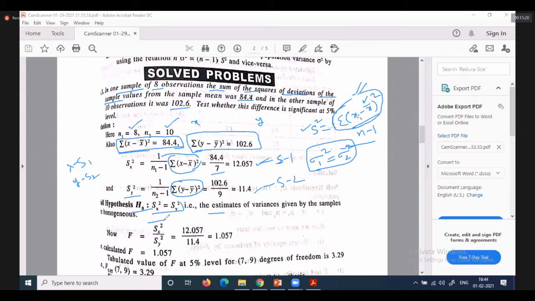We have to use this formula because the first random sample variance is greater. Sx means S1 square by S2 square. Here the first random sample variables are denoted by X, and the second random sample variables are denoted by Y's. That's why they use this formula. Just substitute the variance values here and simplify. You can get F calculated.